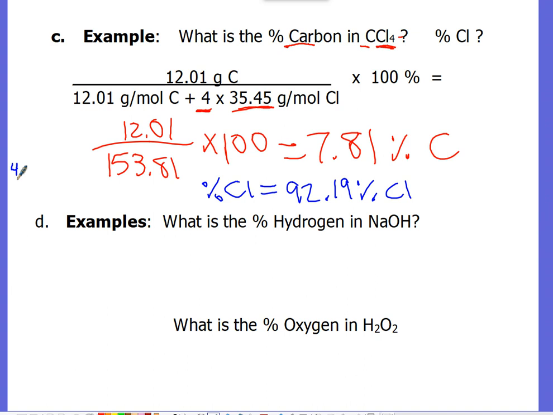You could say 4 times the chlorines on top divided by the total again on the bottom times 100, and you're going to get that same answer. You might have a slight difference in the sig figs and the rounding afterwards.